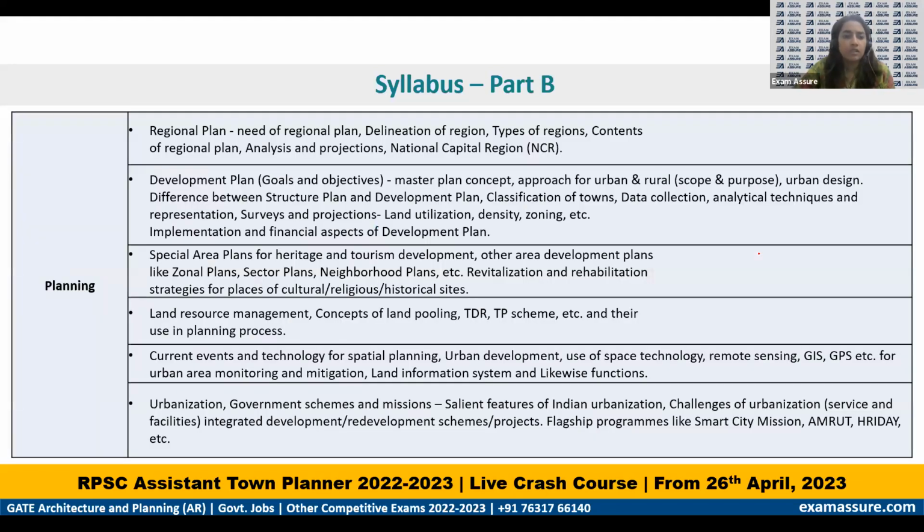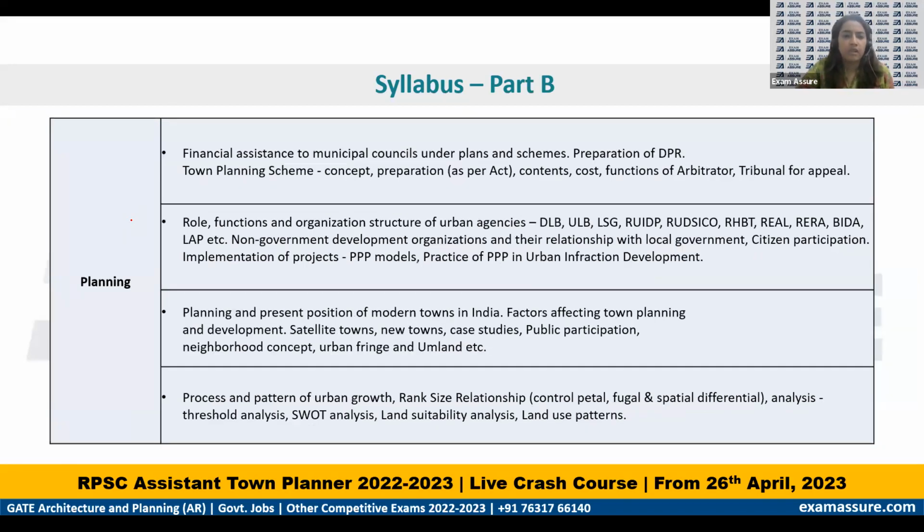Even under the subtopic of planning, you have various topics. For example, you have your regional plan, development plan, special area plans, zonal plans, etc. Along with that, you have policies that one is supposed to know, different kinds of analysis that are needed with respect to planning, and so on.